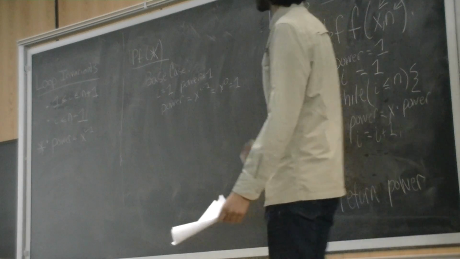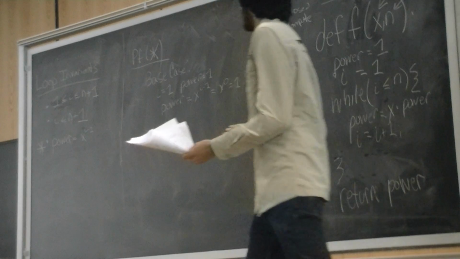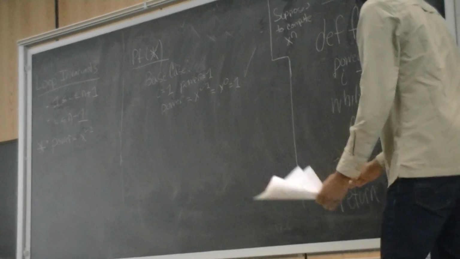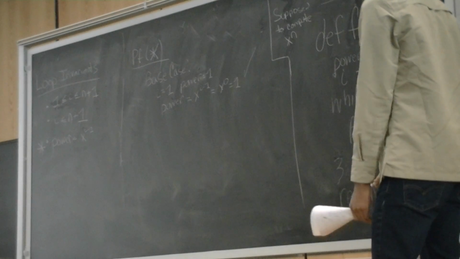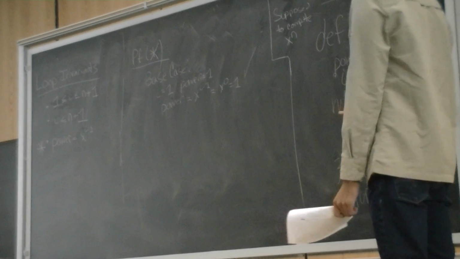Good. Okay, so it's true in the base case. Now I need to prove that if it's true before this loop, one round of the loop runs, it's true after that round of the loop runs.